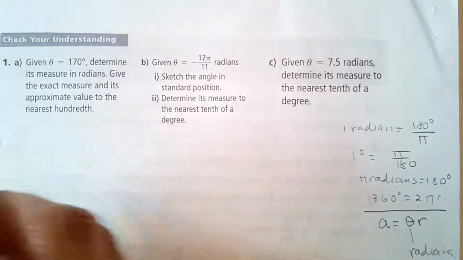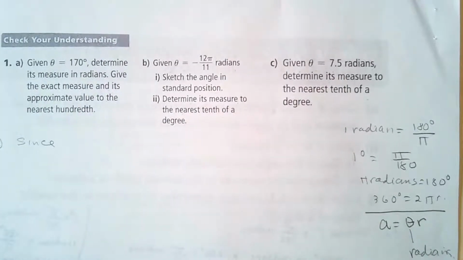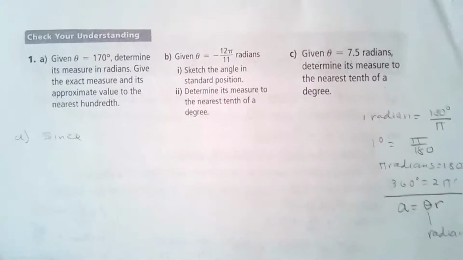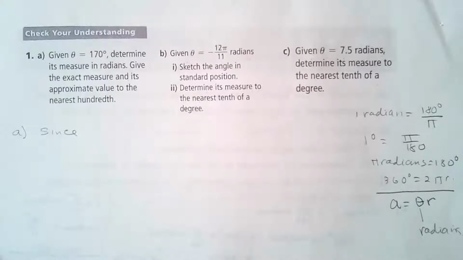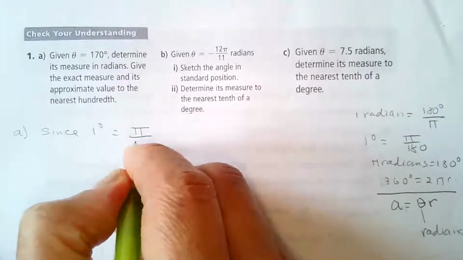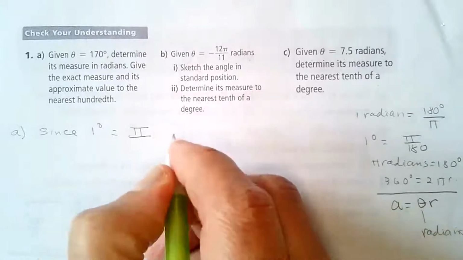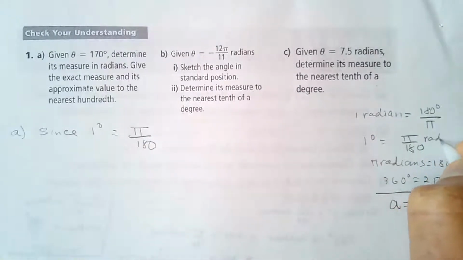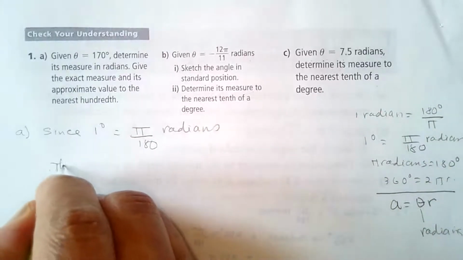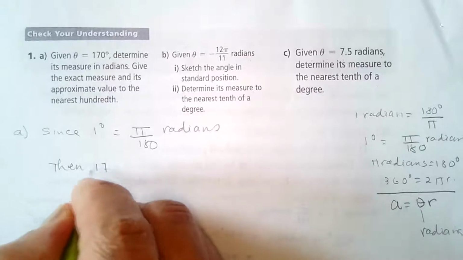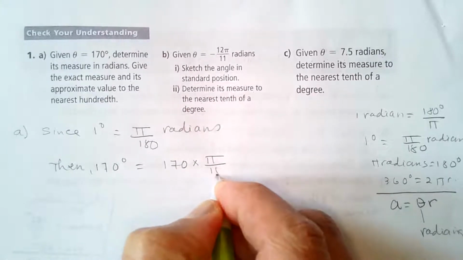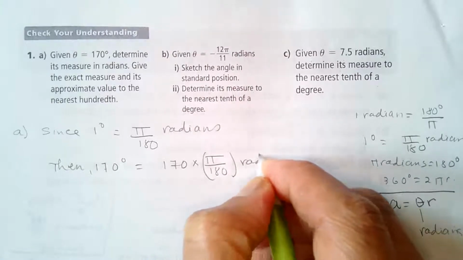Since 1 degree, as we know here, is equal to pi over 180 radians, then 170 degrees will be equal to 170 multiplied by pi over 180 radians.